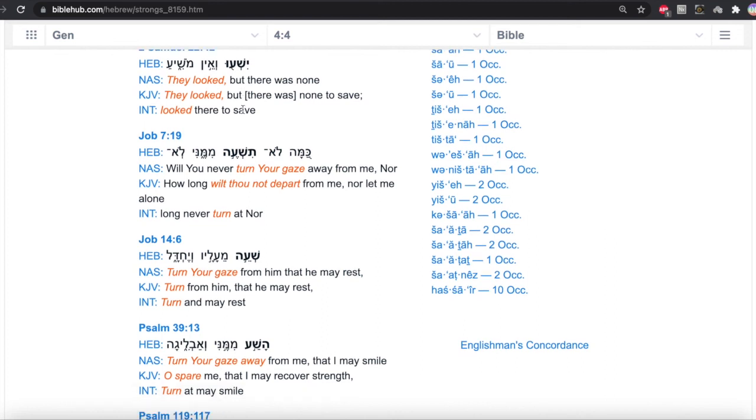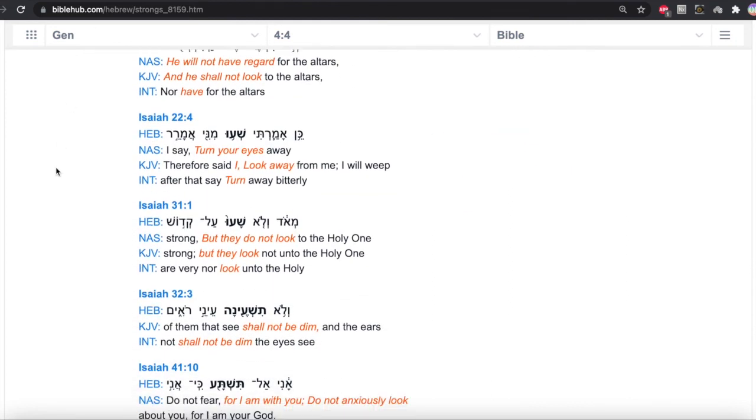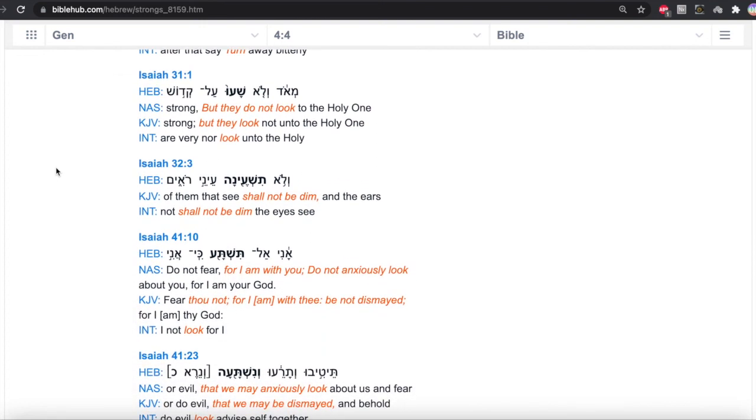So, to look intently. Then in Job, we have a couple, and again, I won't bore you, but you could go see the full context of the chapter. Job is basically saying, will you never turn your gaze away from me, God? Basically, God, I need a break from your constant staring at me. Please stop paying attention to me for one second.